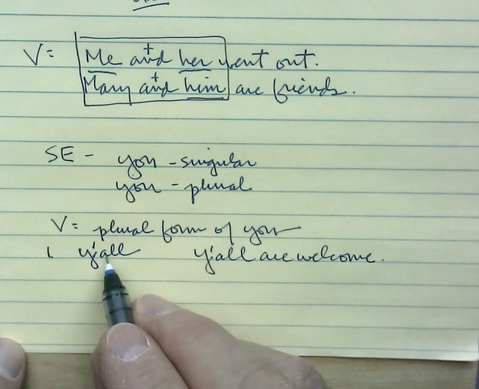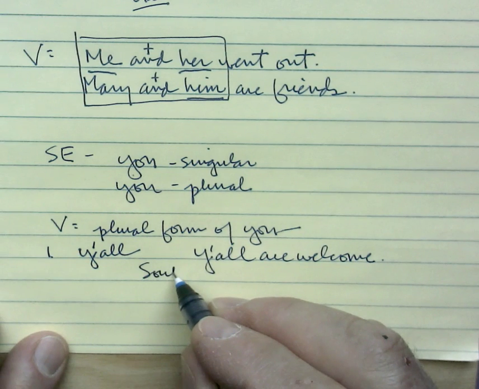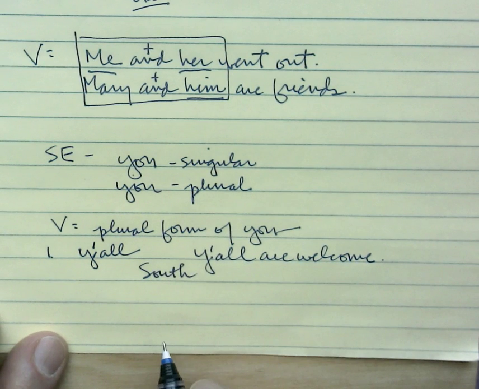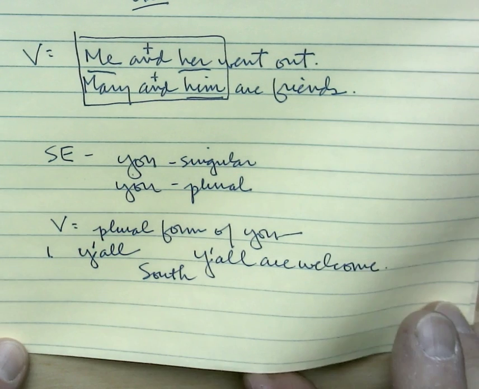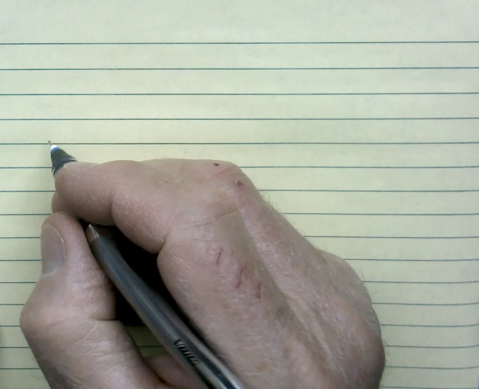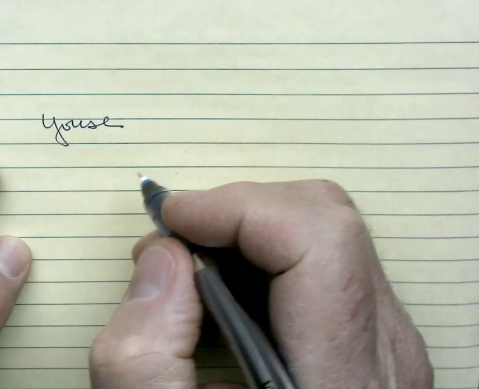This plural form is used in the South, for example, Texas. You all. But vernacular has another plural form of you, and maybe you've heard yous.